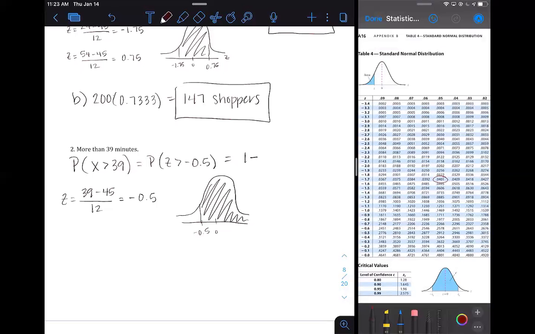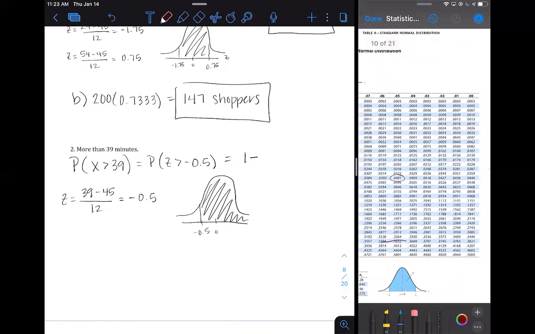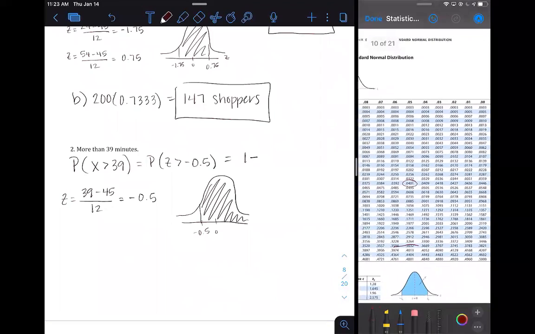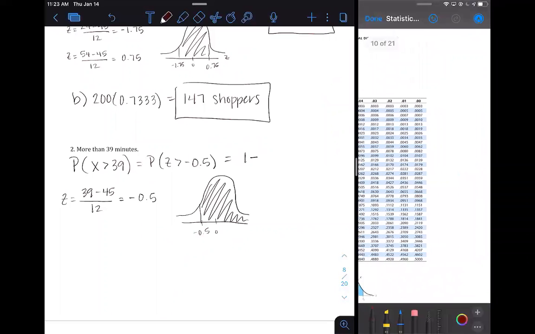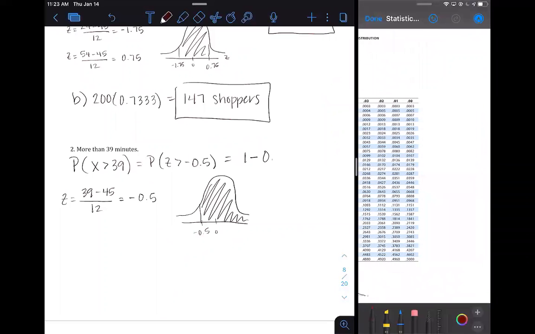So looking at the table for negative 0.50, we get 0.3085, which makes the probability 0.6915.